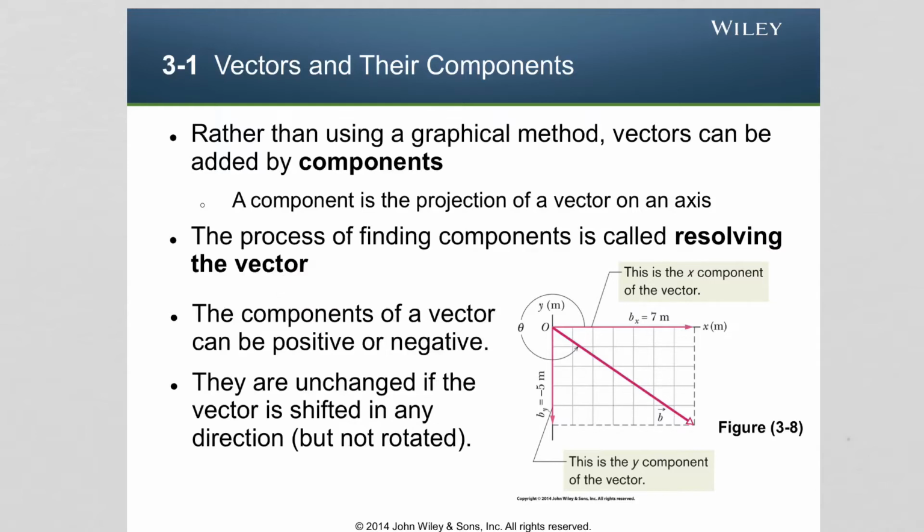The components of a vector can be positive or negative, and they are unchanged if the vector is shifted in any direction, but not rotated. So, if I parallel transport a vector in space, so keep the direction the same, but move it parallel to itself, the components remain the same. However, if I rotate the vector, then the components will change.